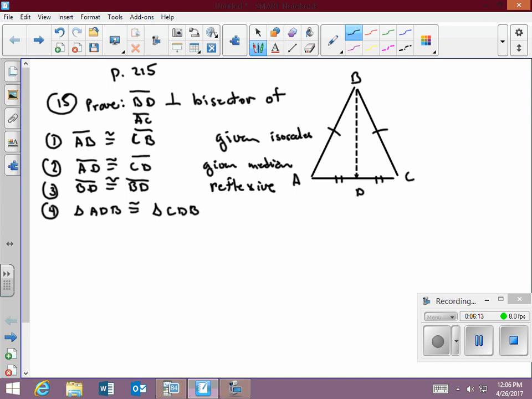And that's side, side, side, right? And then we can say angle ADB is congruent to angle CDB, and that's corresponding parts of congruent triangles.